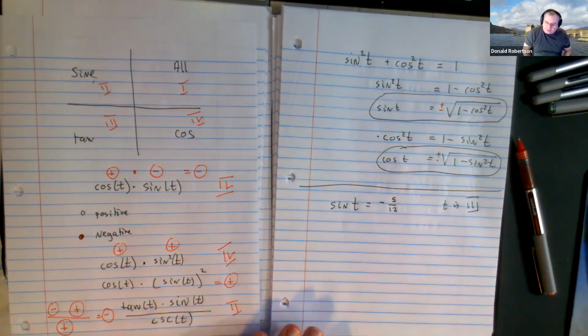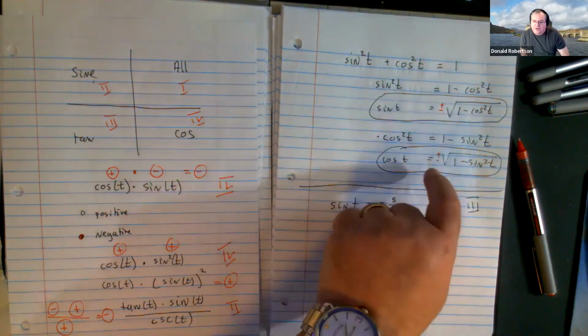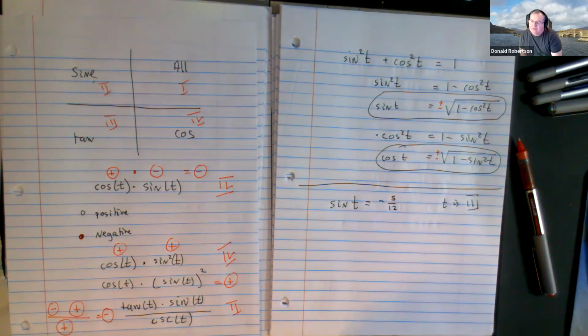You can use these to find everybody else. That means finding the cosine of t, the tangent of t, the cosecant, right? All 6 ratios.